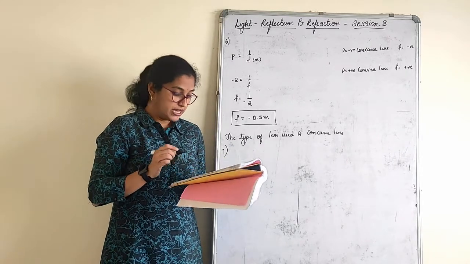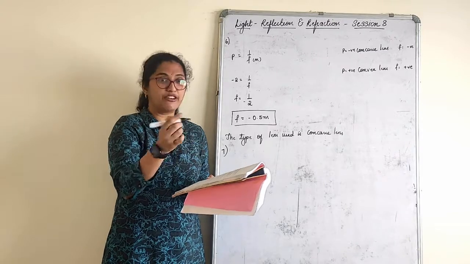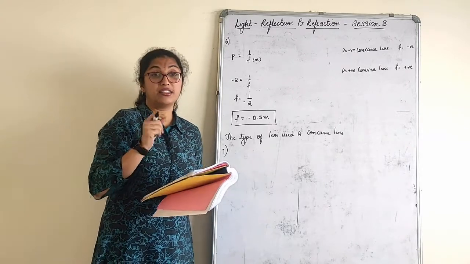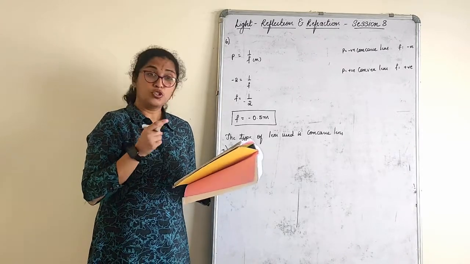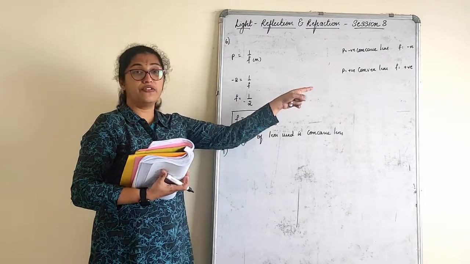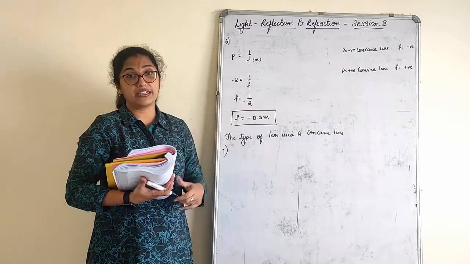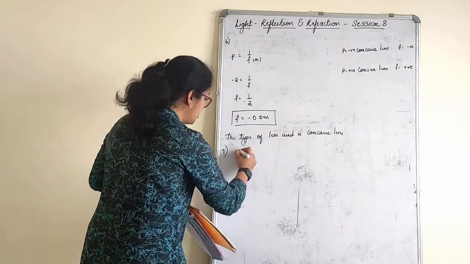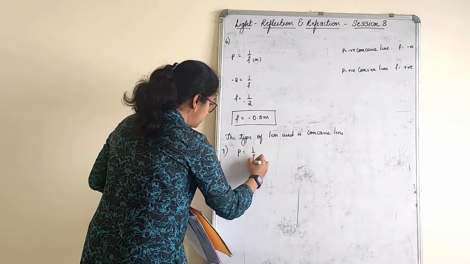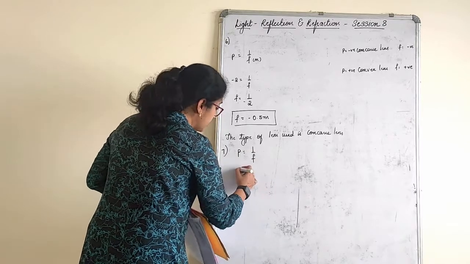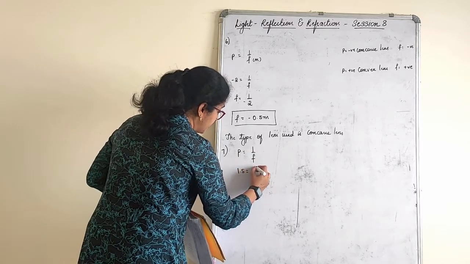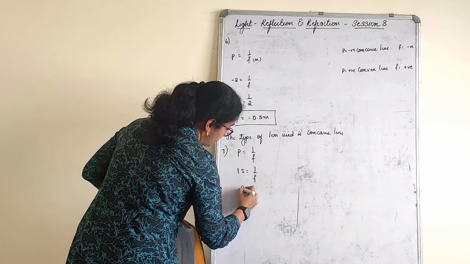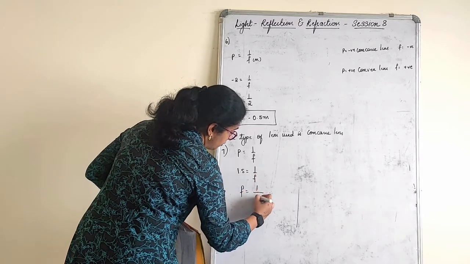Now look here. Is this prescribed lens diverging or converging? How they have asked in terms of diverging and converging. So the prescribed lens is converging. Converging are convex lens. Very clear? So quickly we'll finish this also. Power is equal to 1 by F. Power is given as 1.5, that is equal to 1 by F. F is equal to 1 upon 1.5.